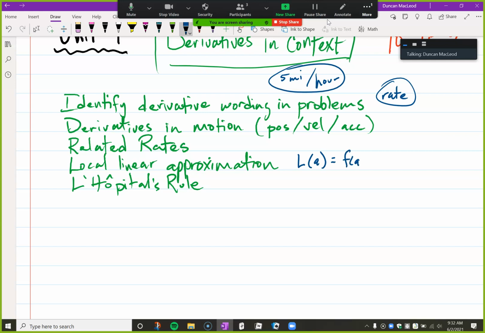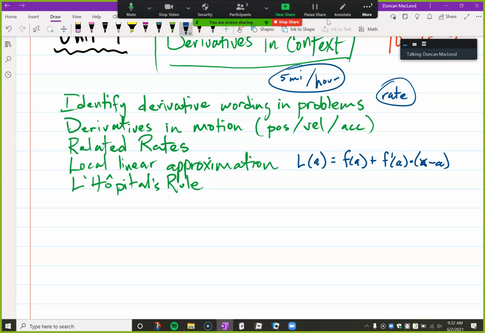This is an educated guess here right now. It's like F of a plus F prime of a times, so it's the original value plus the slope times the change, like x minus a or something like that.